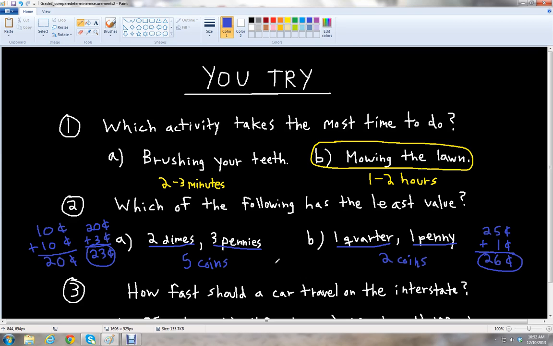So now you can compare, right? You have 23 cents with 2 dimes and 3 pennies, and 26 cents with 1 quarter and 1 penny. And you see that the 2 dimes and 3 pennies have the least value, because 23 is smaller than 26.